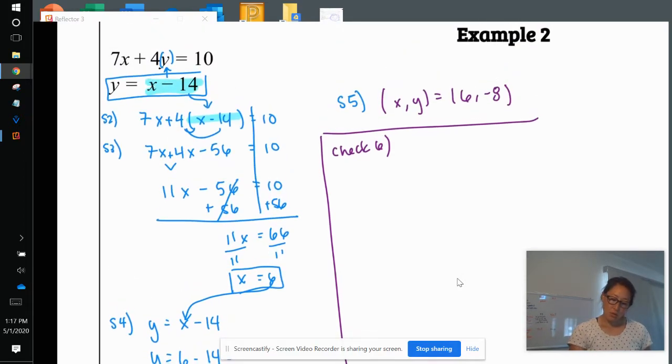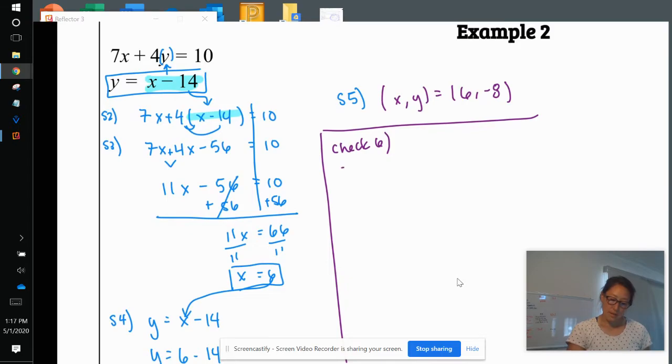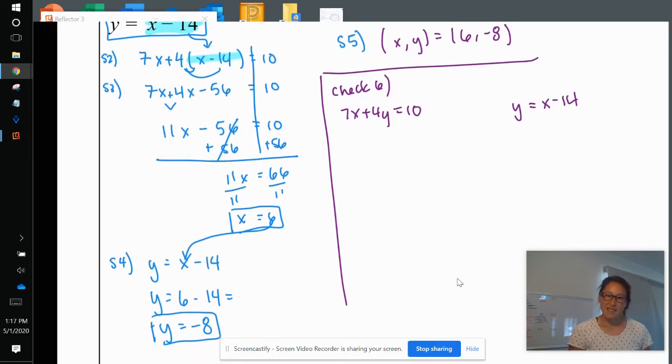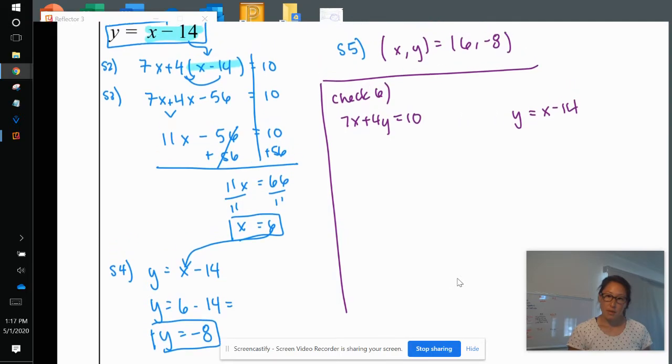So the two original equations are 7x plus 4y is equal to 10, and y is equal to x minus 14. All right, next up, we go ahead and plug in the ordered pair, 6 comma negative 8, for x and y.